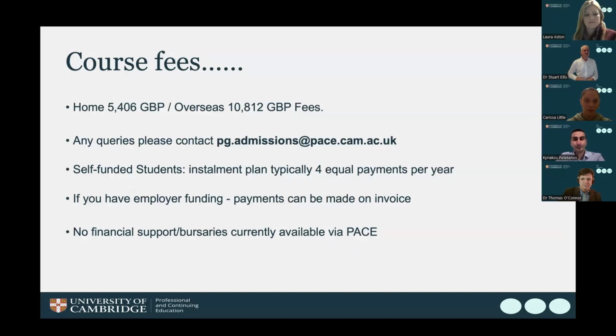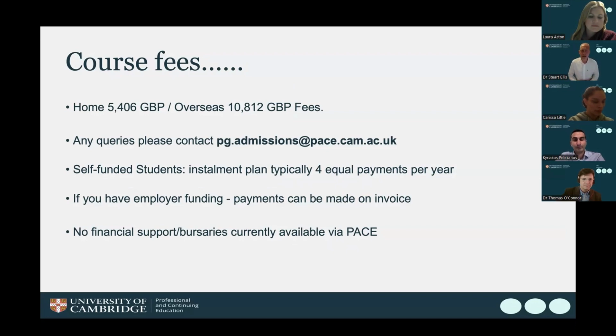These are the course fees for home and overseas learners. If you have any queries on this, please do feel free to email the admissions office at pg.admissions@pace.cam.ac.uk.